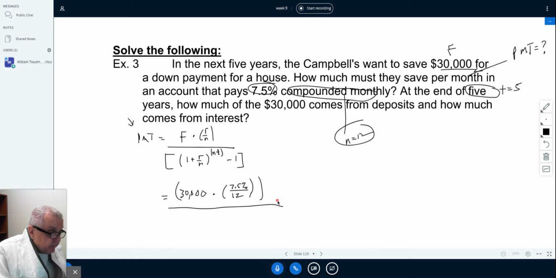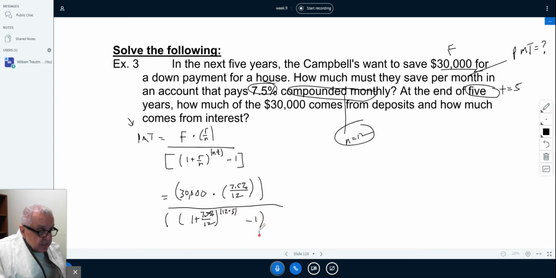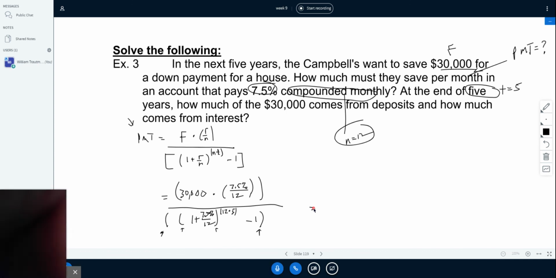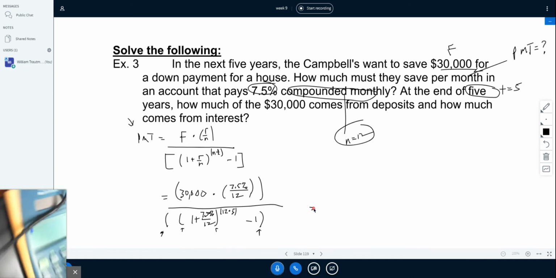Then on the bottom, we have two parentheses, 1 plus r, 7.5%, divided by 12, raised to the power of n, which is 12, times the number of years, 5, minus 1, and then we close that. This one closes this one, and this one closes this one. All right, so I'm going to put that in my calculator exactly as I see it, with the parentheses and all.